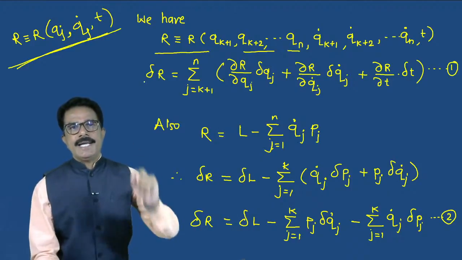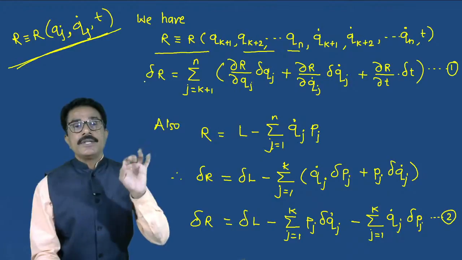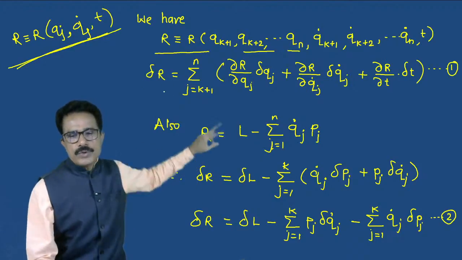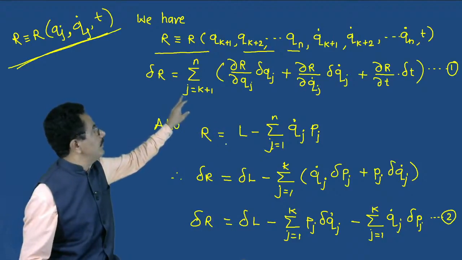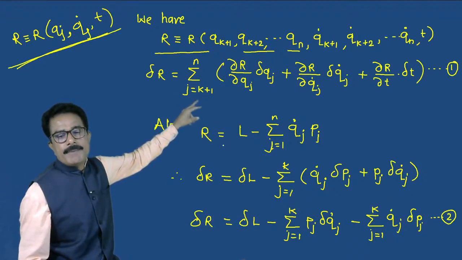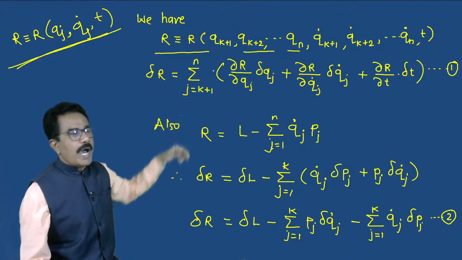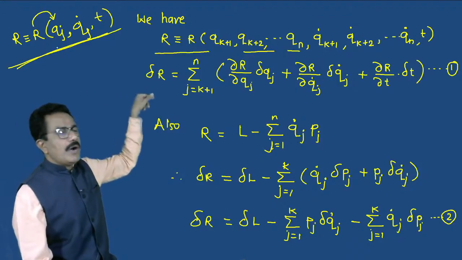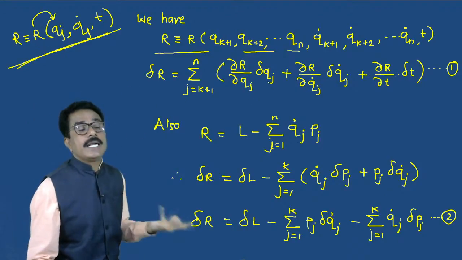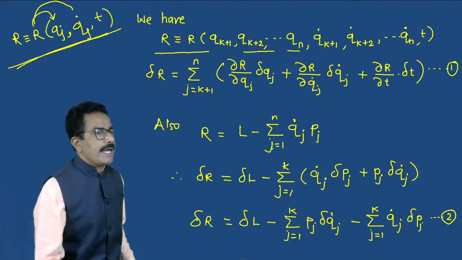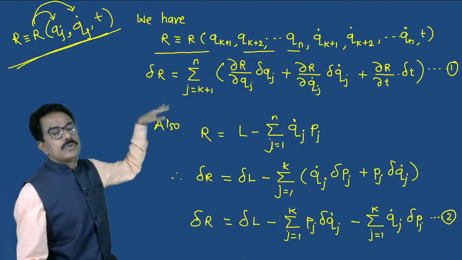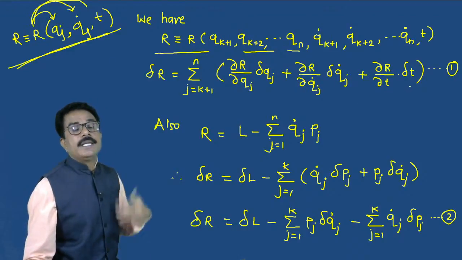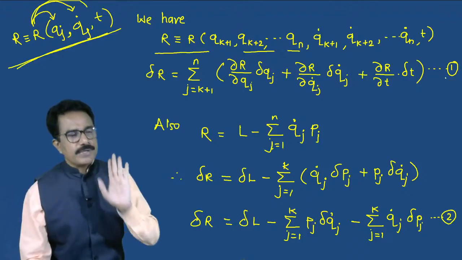But note that in the Routh function, ignorable coordinates q1 to qk are removed. So here we take the summation over j equals k plus 1 to n of dou R bar by dou qj into delta qj plus dou R bar by dou qj dot into delta qj dot and dou R bar by dou t into delta t. Suppose this is equation number 1.